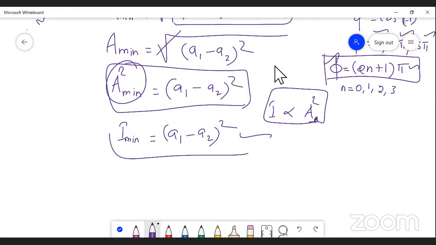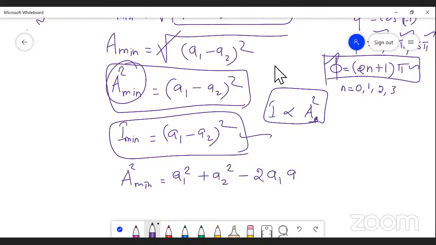This is another formula: I is A square minimum, so the root and square cancel, giving A1 square plus A2 square minus 2A1 A2 cos phi, where the cos phi value is negative.